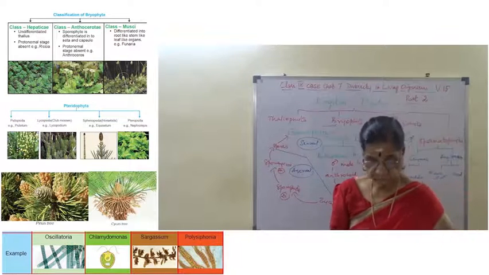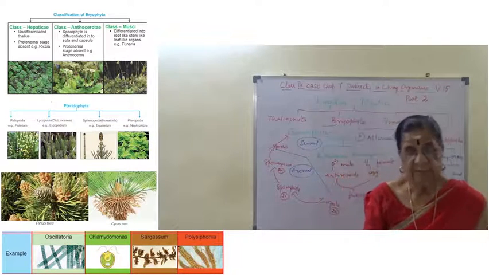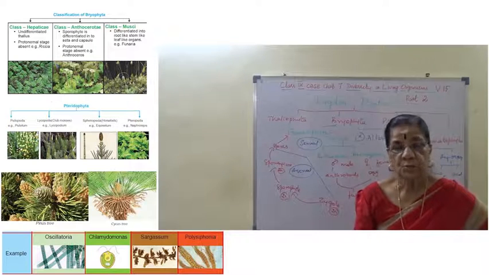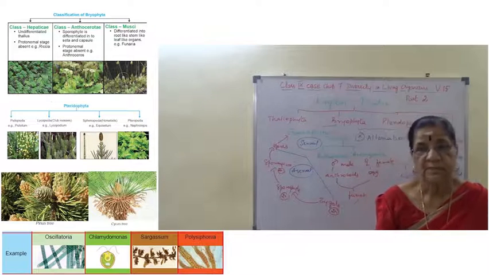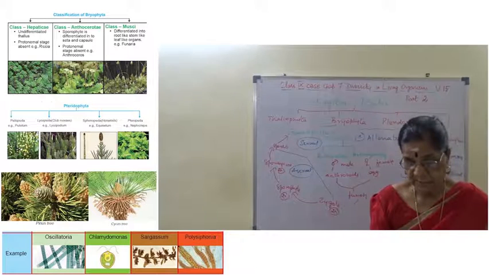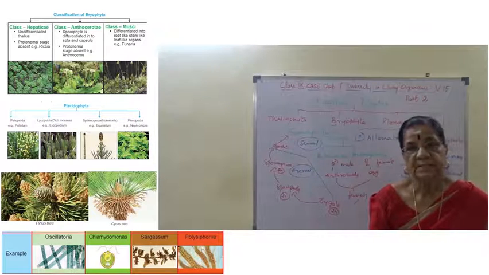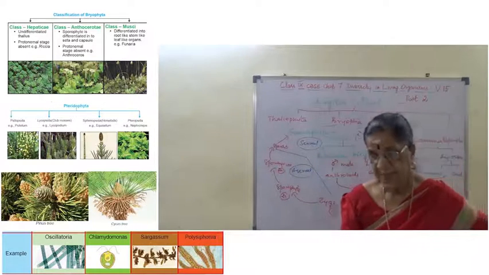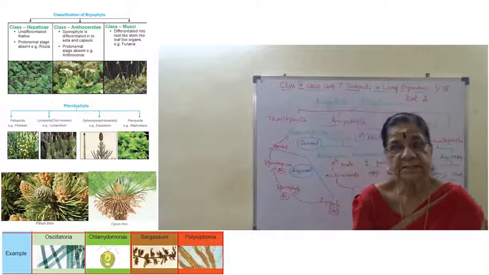Then gymnosperm, the plant body is differentiated into root, stem and leaf. A well developed root system and taproot system will be seen, and leaf size will vary in nature, such as needle shaped leaf.